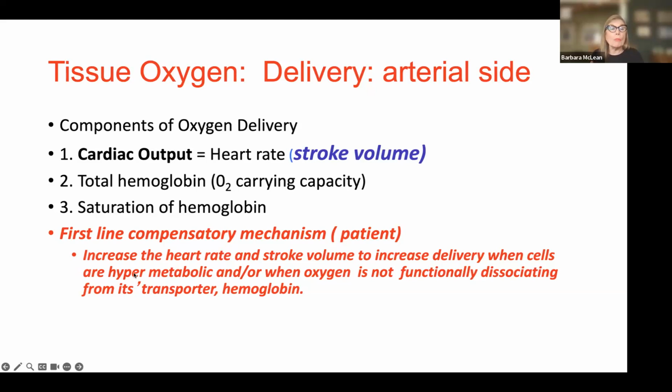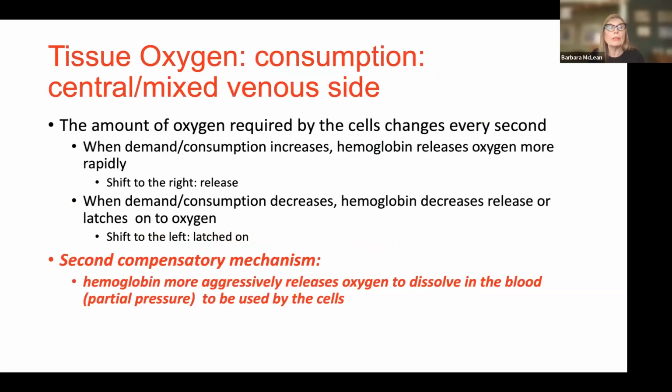As they increase the heart rate, they may also attempt to increase the stroke volume, but they've got to have volume, and they have a good heart in order to do that. So the first thing they do is increase that heart rate, try to increase the stroke volume. We try to increase their stroke volume in order to increase delivery of oxygen to the cells that are hypermetabolic. And that's a really important concept.